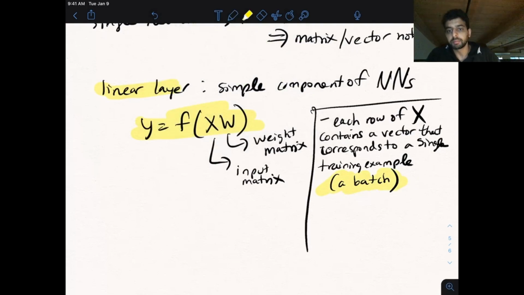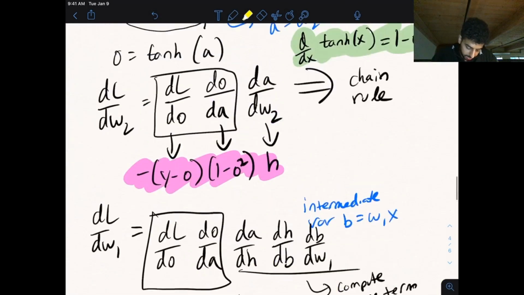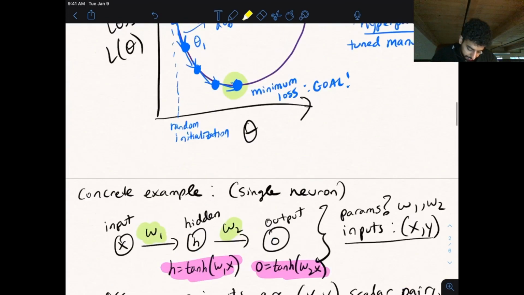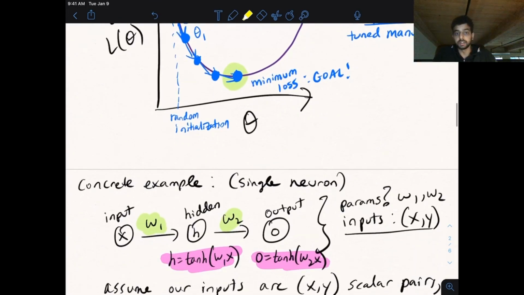So in modern neural networks, we don't, like we did up here, put single inputs through a model at a time. Instead, we feed a batch of examples through the model, estimate the gradient on that entire batch of inputs, and then do the update.